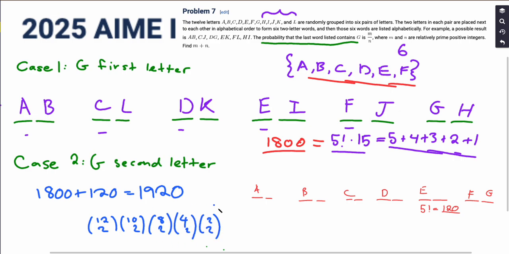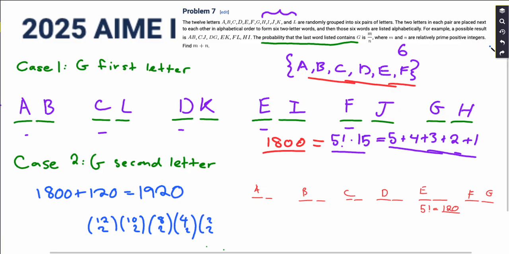That's the number of ways to select 2 letters at a time from these 12 letters without replacement. Now, when we get each of these 2 letters, the choose 2 symbol indicates that there's really only one way to order them, which is alphabetically. So that takes care of the case of ordering the letters in each word.